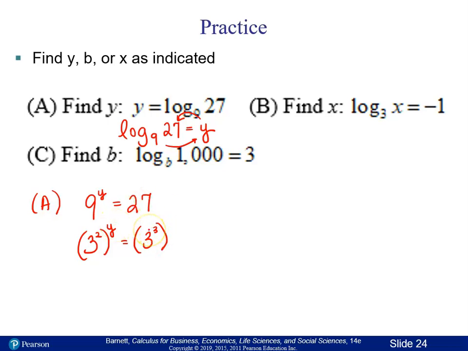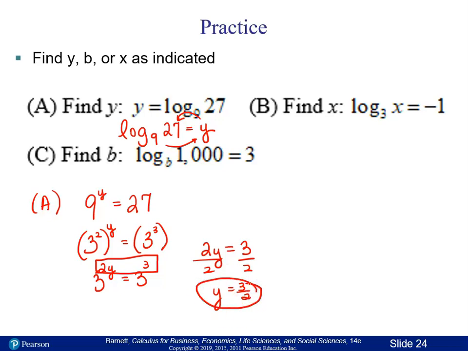One of the properties that we've looked at recently said if our bases are the same, then the exponents must also be the same if they're equal to each other. So this is equal to, multiplying those exponents together, 2y. Because the bases are alike, that means that 2y has to be equal to 3. So y is going to be equal to 3 over 2.